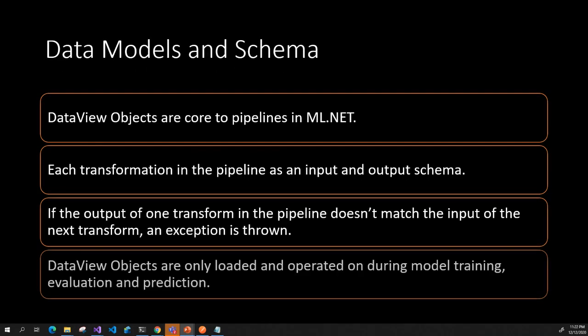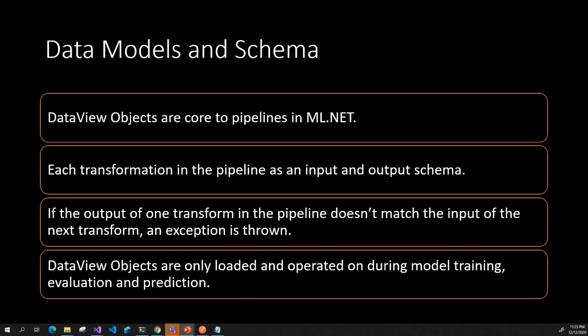When we load our data, we load it into something called a DataView object for transformation. DataView objects are core to pipelines in ML.NET. Each transformation will have an input schema. Remember that input class that the Model Builder tool and the CLI generated before? This is essentially an input schema, which includes the data names, types, and sizes that the transform expects to see as an input.